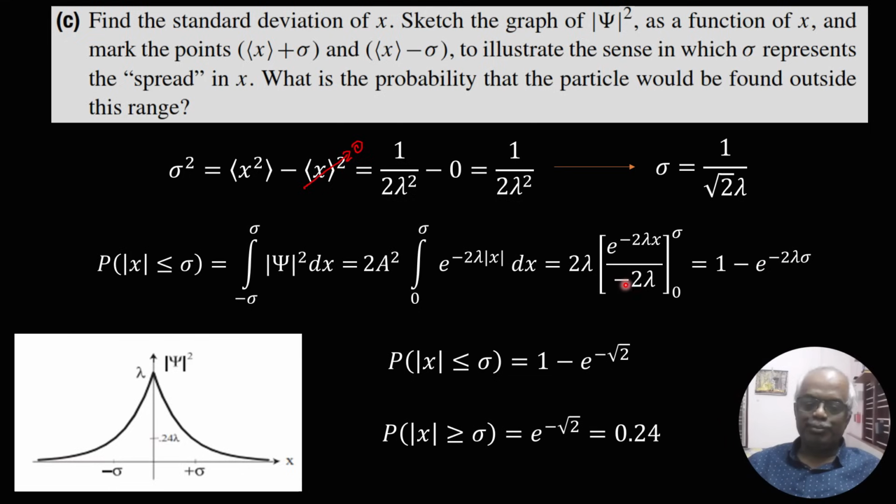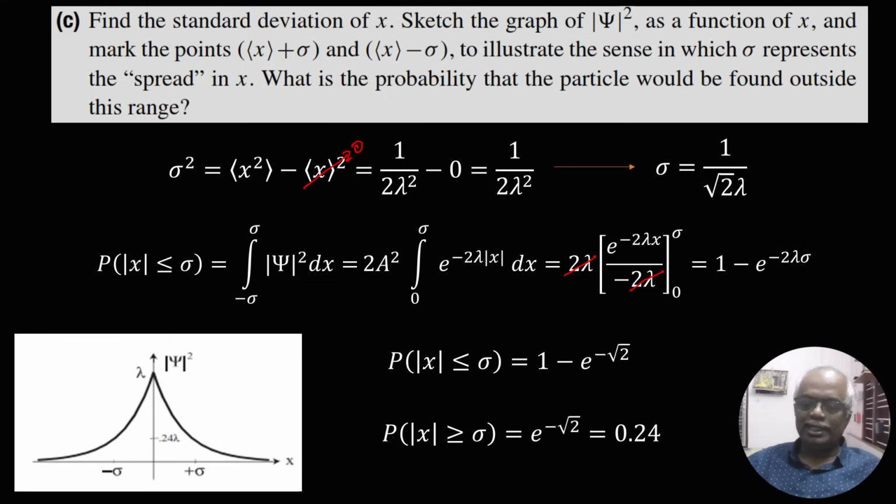Remember that this is minus, and of course the 2 lambda gets cancelled. For the lower limit, this is minus 1, and already there is one minus, so this becomes 1. So you get 1 minus e power minus 2 lambda sigma.